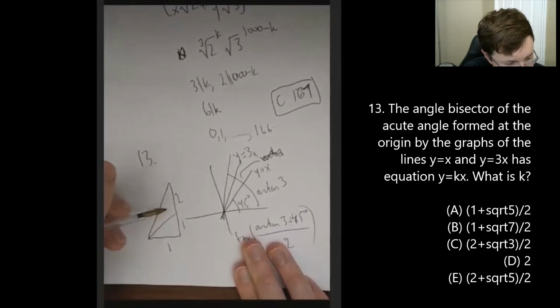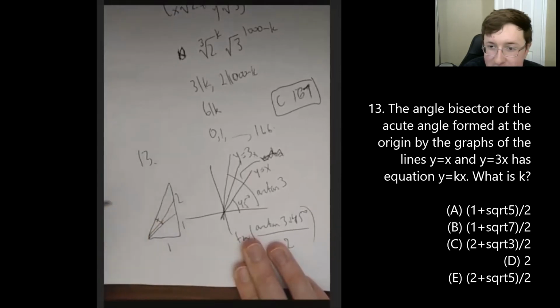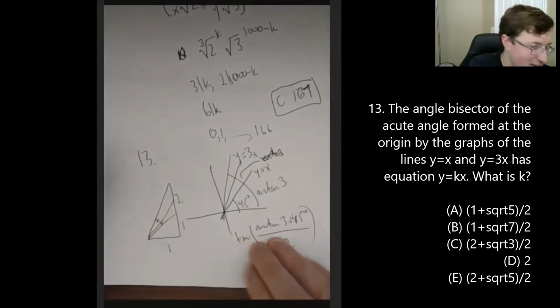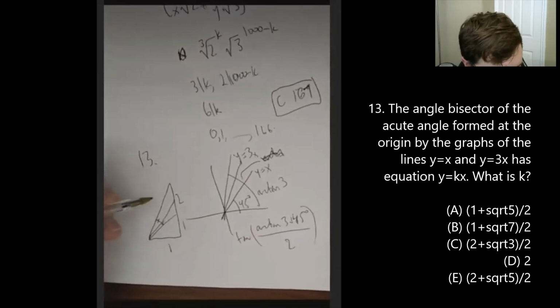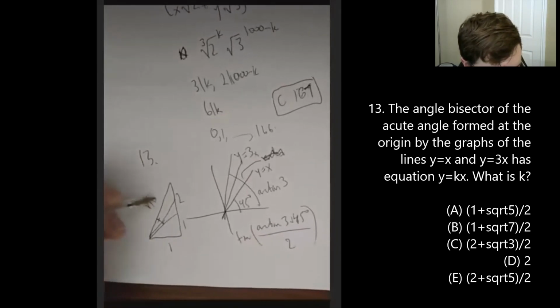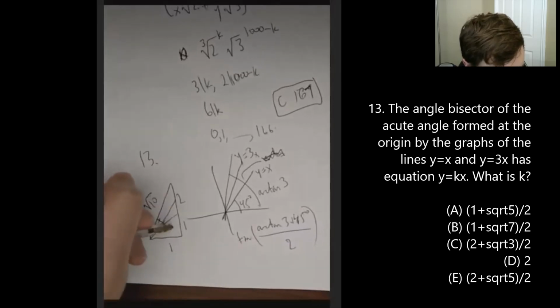And then I'm bisecting that. I'm more comfortable with trigonometry, but I guess we'll do it. So that's root 10. Okay, so then this is root 2.